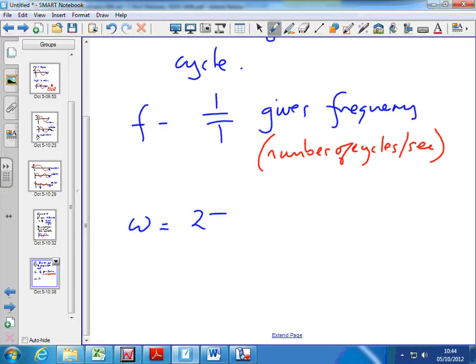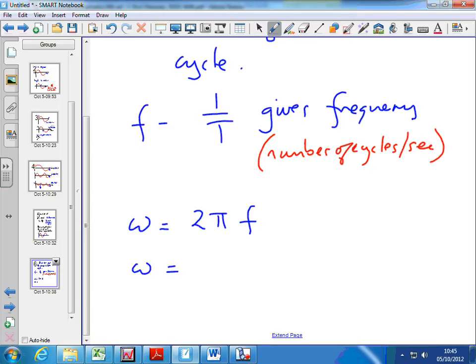Yeah. 2 pi times whatever the frequency is. Or, if the frequency is 1 over the period, what can I do directly to work it out? Combining that formula and that formula, what's another formula I can use to find the angular velocity?